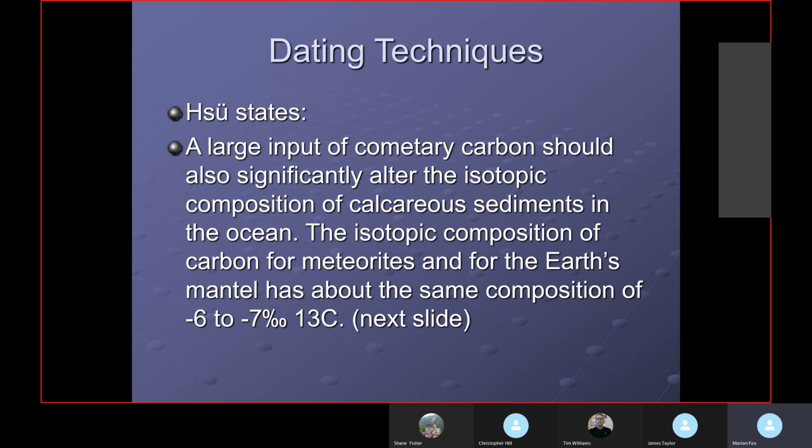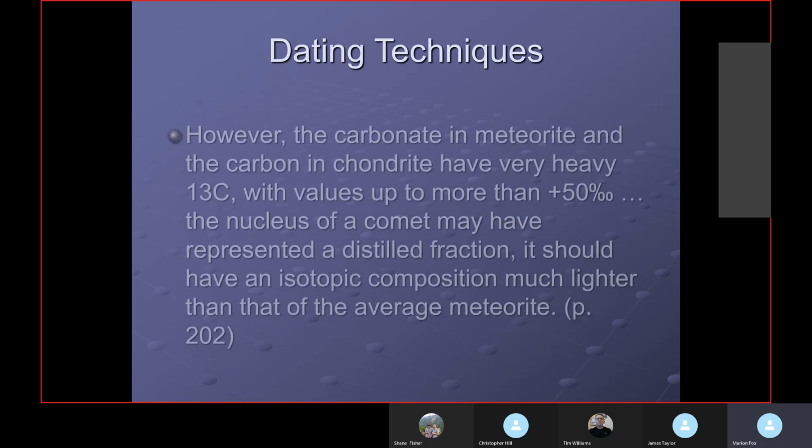The isotopic composition of carbon for meteorites and for the Earth's mantle has about the same composition of -6 to -7 per thousand. Now, this is not percent. This marker is per thousand, and 13C, that's carbon-13, is what we have in this ratio.